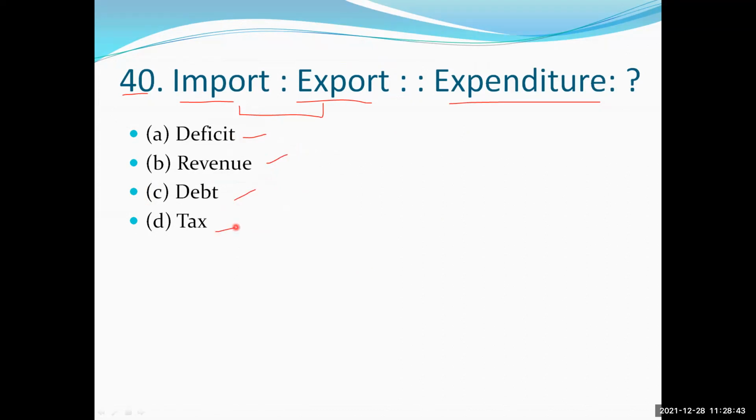In the first pair, import and export, what kind of words are there? Yes, they are antonyms, opposite meaning words. So we have to choose the opposite meaning of expenditure.